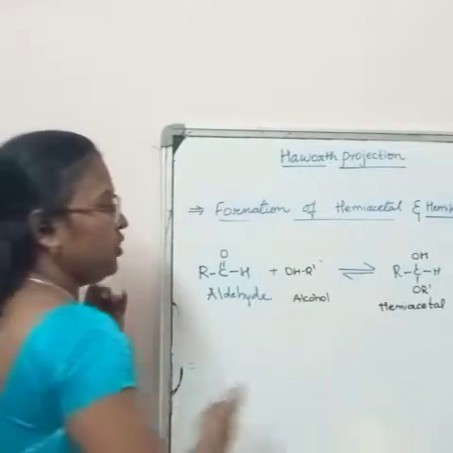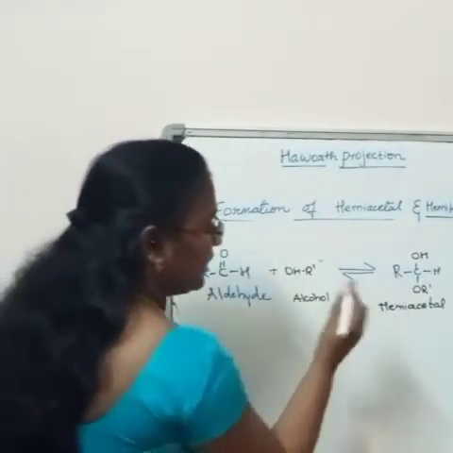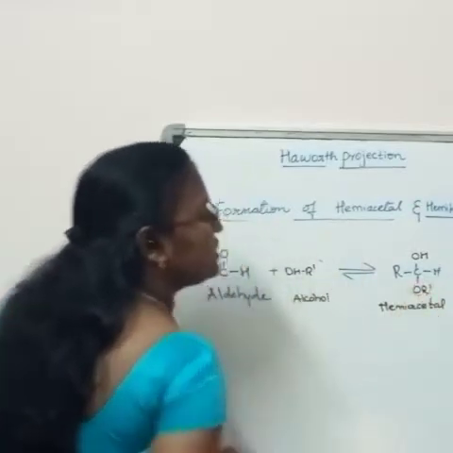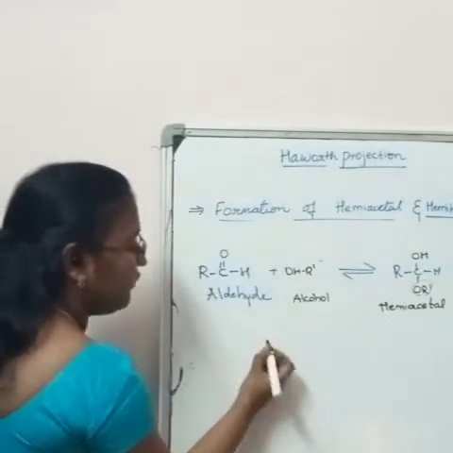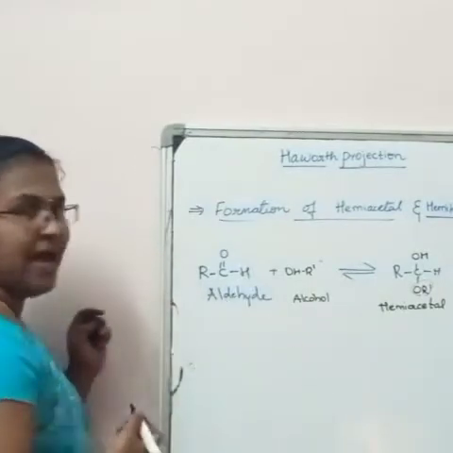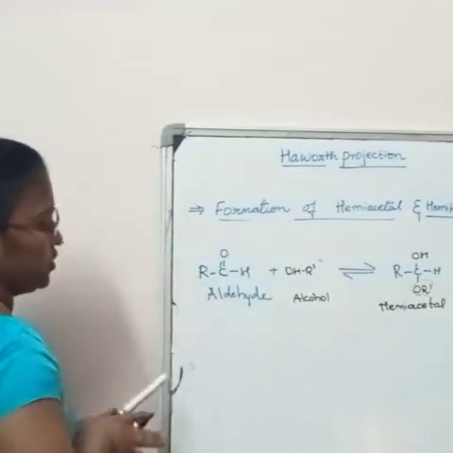Here I have shown you the hemiacetal formation. Here the alcohol group should be removed. Now if you take the example of glucose, let us draw the structure of glucose.